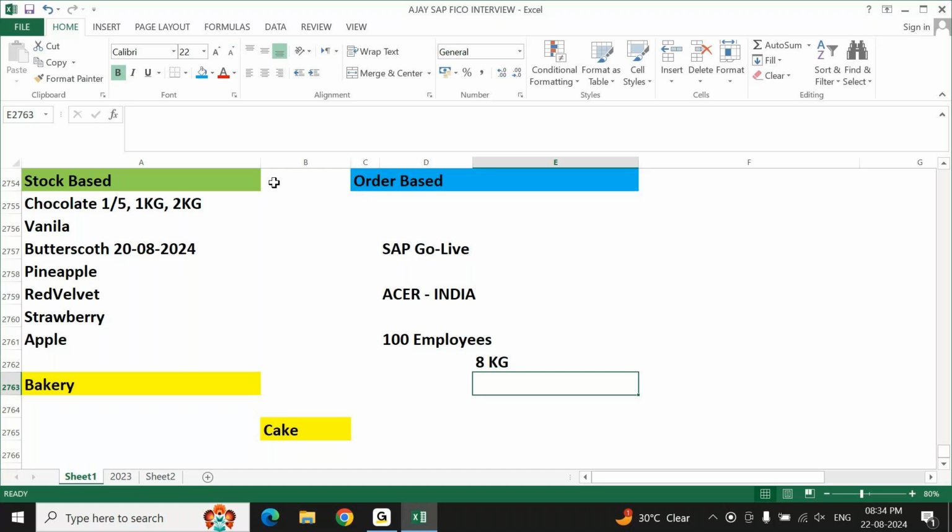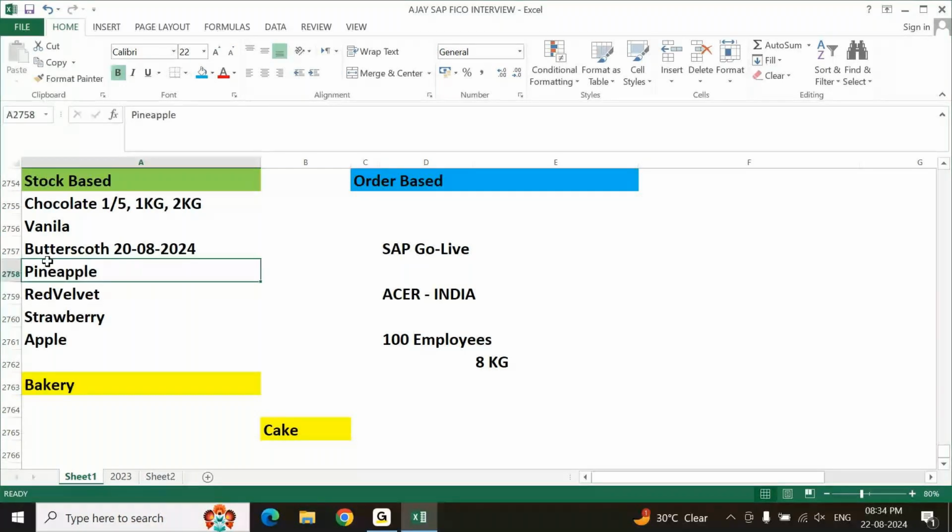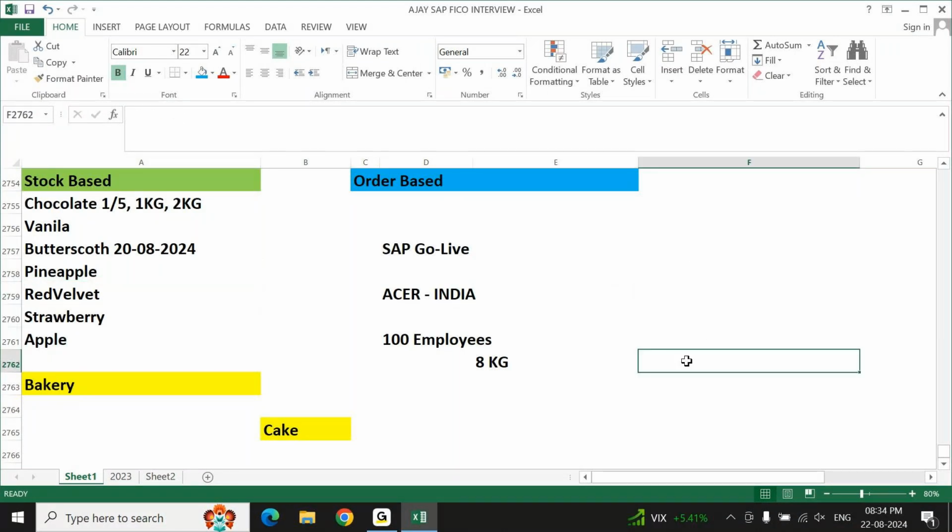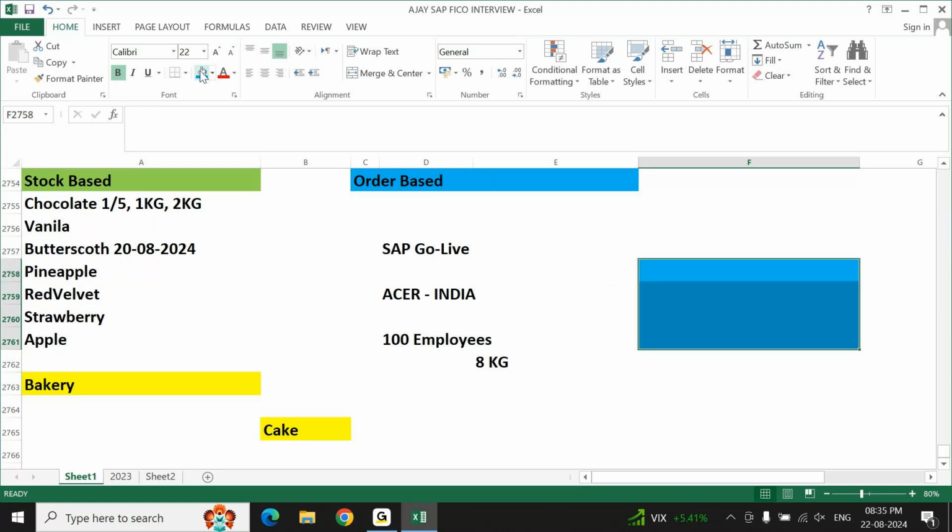You're getting 8 kg, but he's telling, I'll give you 2 kg chocolate cake, 2 kg red velvet cake, and all. He's trying to convince you in a different way, but you're not okay because you have a specific requirement. You say that my cake should be square, and here you should put our company logo, something called SAP Go Live, a date and a congratulations message.